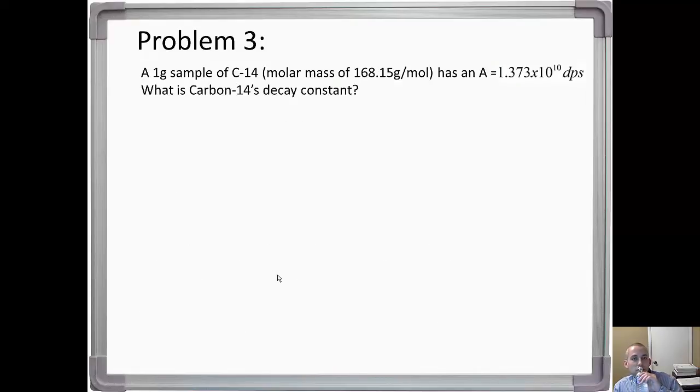Okay, so let's start to get to some calculations here. Problem 3, we have a 1 gram sample of carbon 14 with a molar mass of 168.15 grams per mole, and an activity of 1.373 times 10 to the 10 disintegrations per second. What is the decay constant?